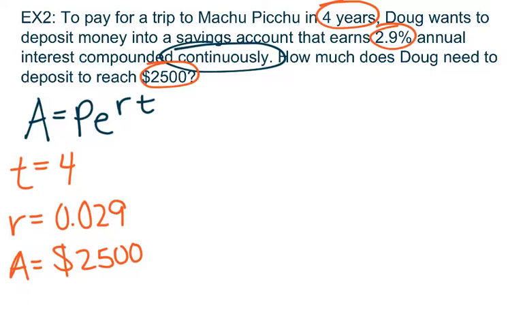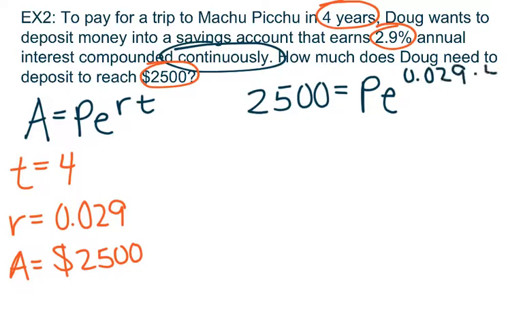So we're going to use all of these values to start solving for our initial value. So we're going to have 2,500 equals P, because that's what I'm looking for, times E to the power of 0.029 times 4, okay? And we can go ahead and simplify that just a little bit to start solving for our principal.